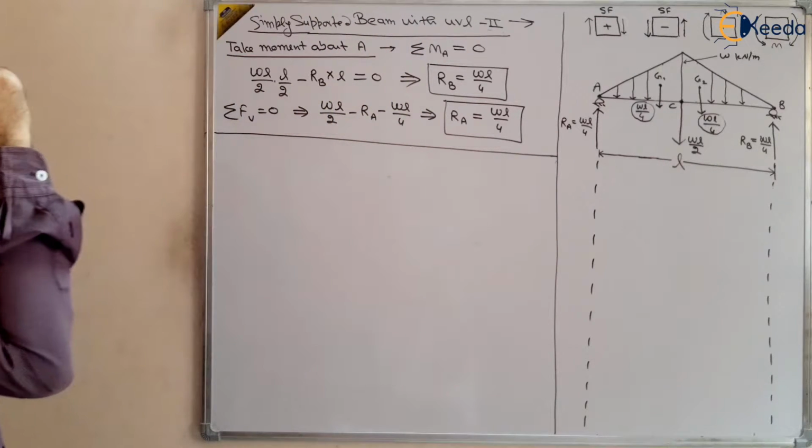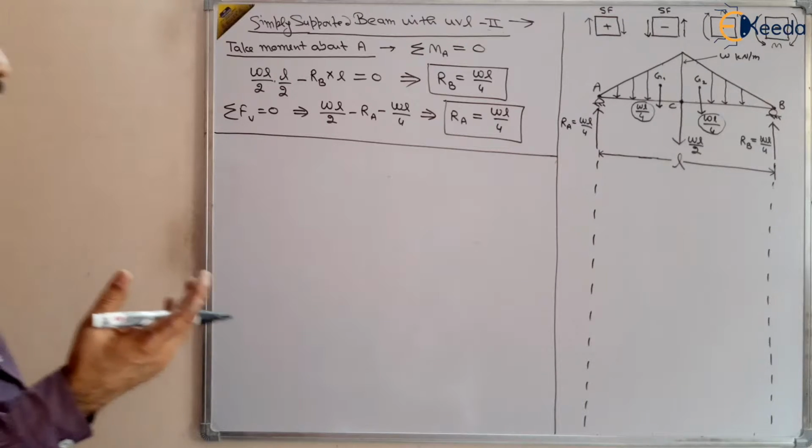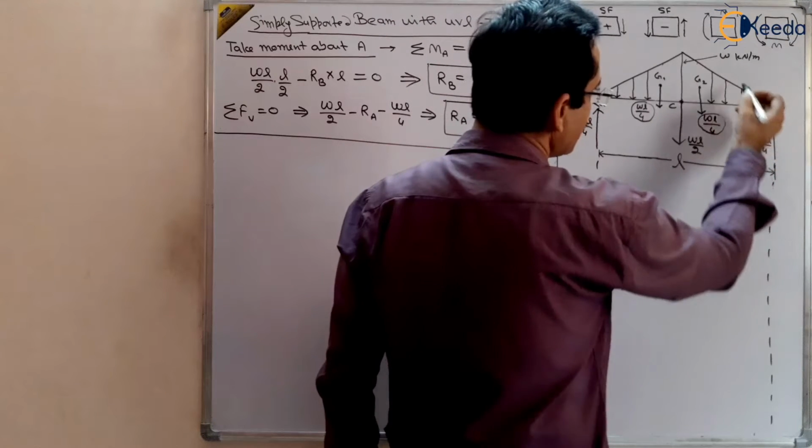Now we want to find the shear force diagram and bending moment diagram. For this, we have to take any point, at the left or right of the section, and find the shear force at that point.